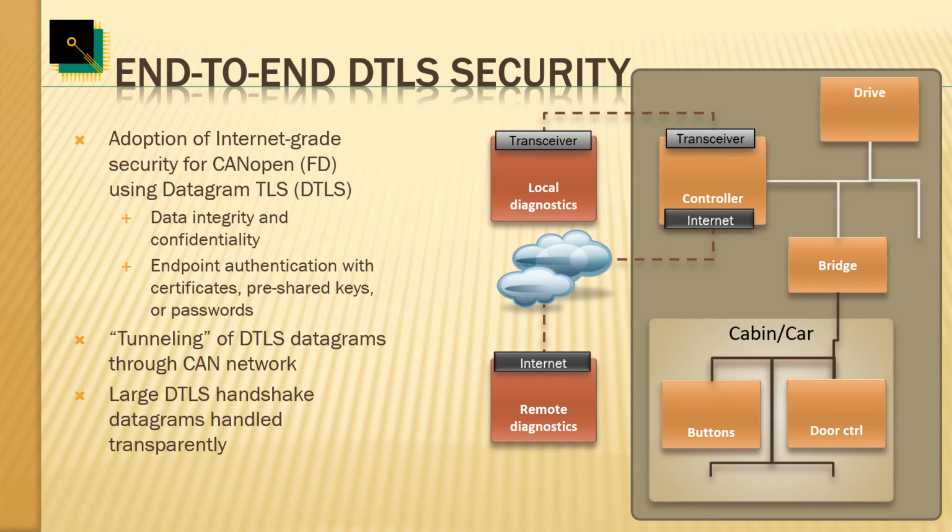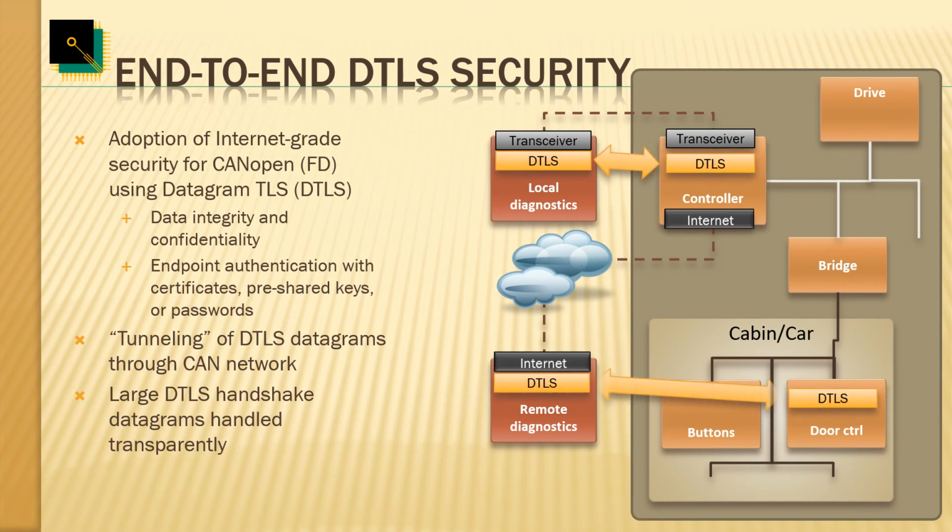Therefore, it's typically used for point-to-point, endpoint-to-endpoint security when we leave the CAN domain. So for remote access, or to identify and authorize local communications that are temporary, like a diagnostic device or a tool connected that needs to identify itself. These sorts of connections are what we can protect using DTLS.